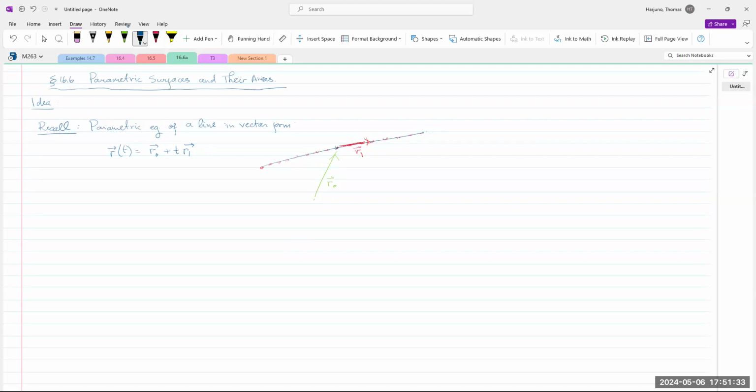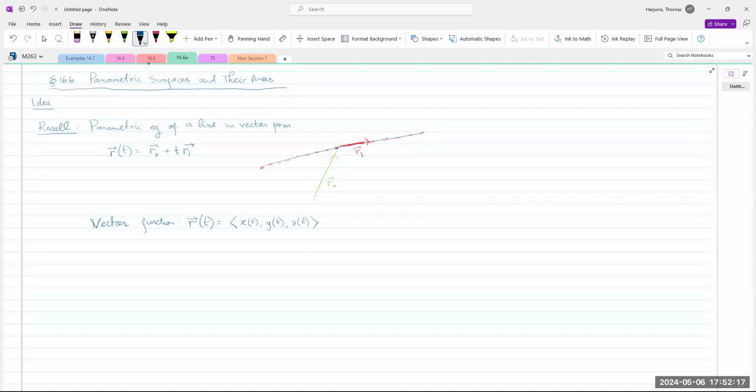We also have in the past vector functions, as opposed to vector fields. I'm sorry, I think I said it wrong. Yes, vector function r(t), where the x component is a function of t, the y component is a function of t, and the z component is also a function of t.